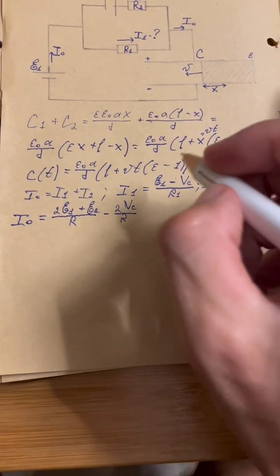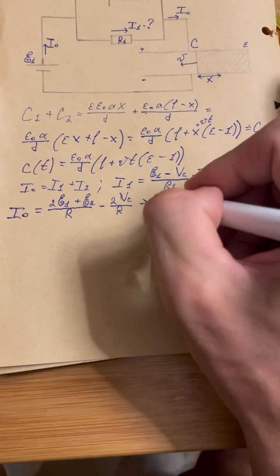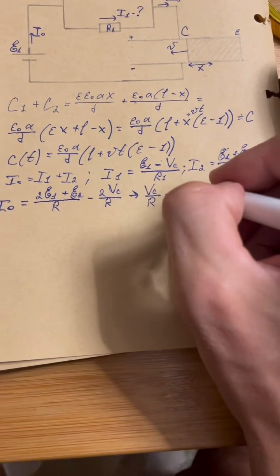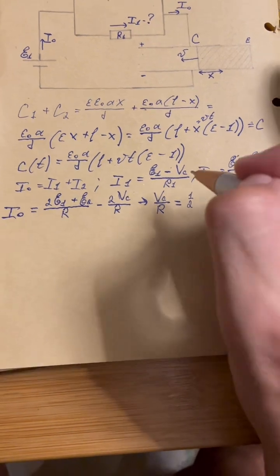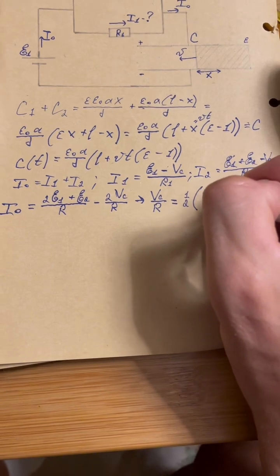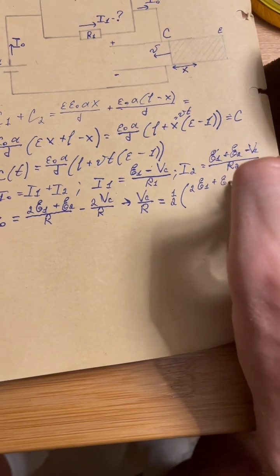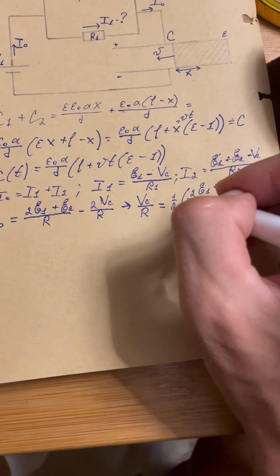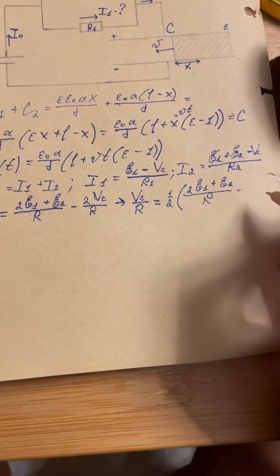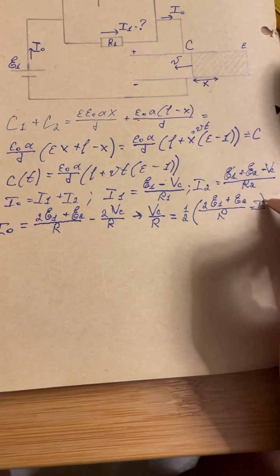And then we can say that the voltage drop on the capacitor over R equals 1/2 times ((EMF 1 plus EMF 2) over R minus I0).